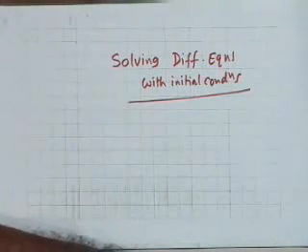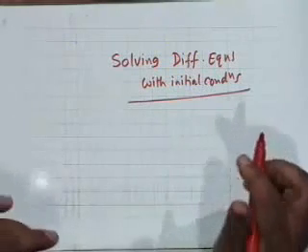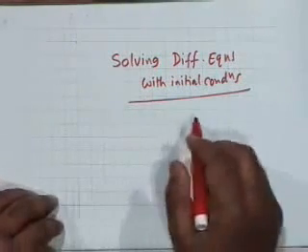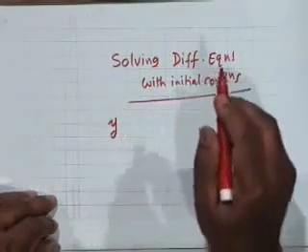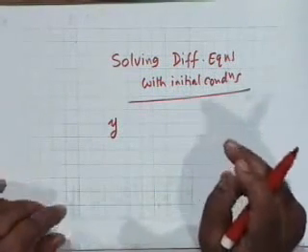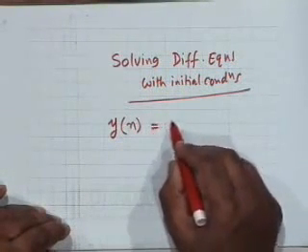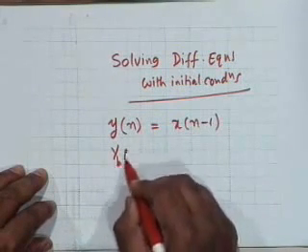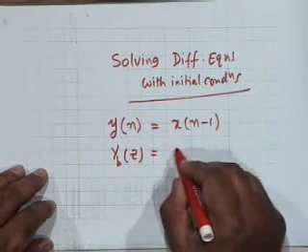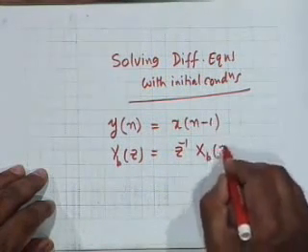Before we take an example, we have to see a couple of differences between unilateral and bilateral. You know that if y of n is x of n minus 1, then capital Y b of z is simply z inverse capital X b of z.